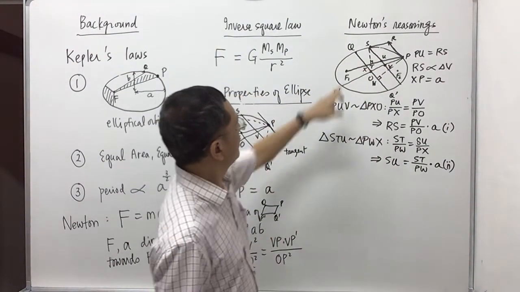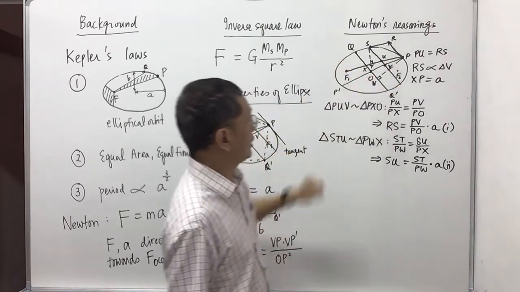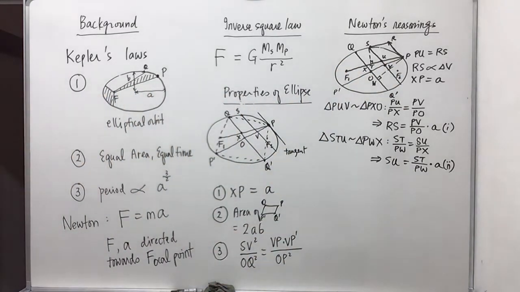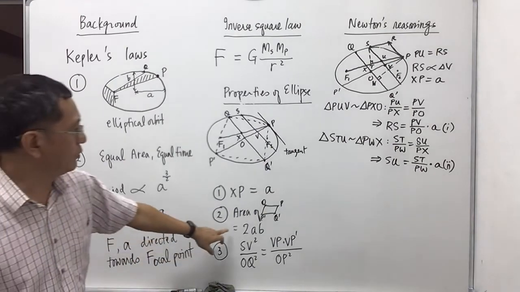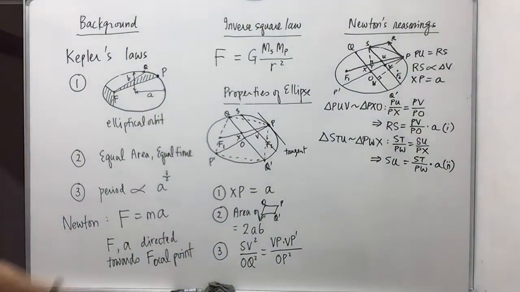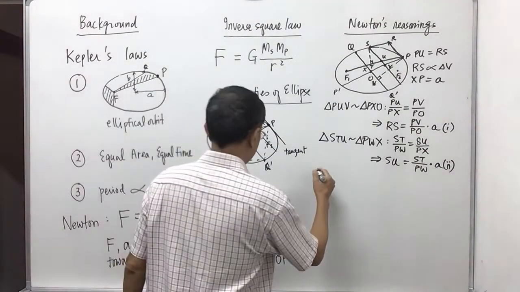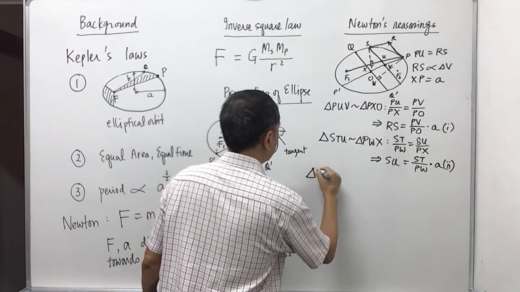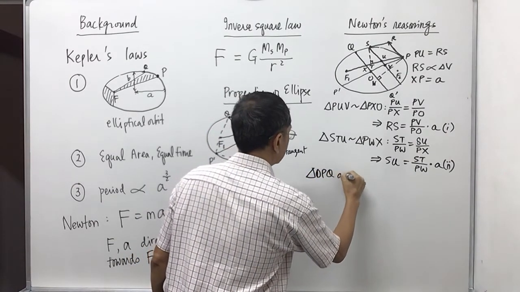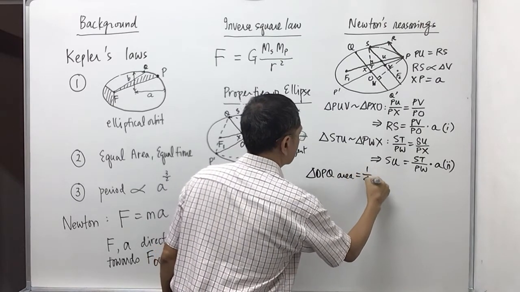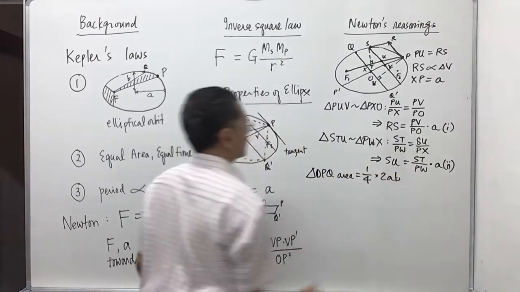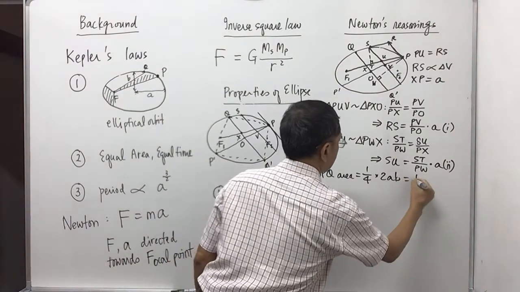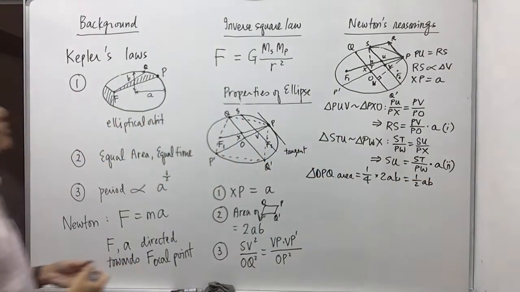It is a quarter of the area occupied by triangle OPQ compared to the whole parallelogram PQP'Q'. Now remember the area of the parallelogram is 2AB. So the area of triangle OPQ is actually a quarter times 2AB, which is half AB.